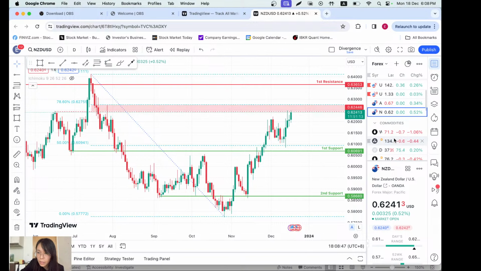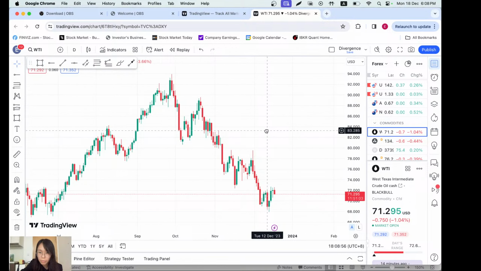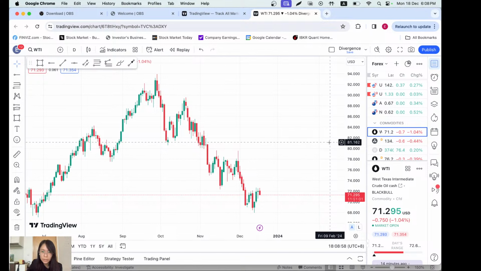Next we can look at some of the commodities, oil and also gold. We can look at the oil first.